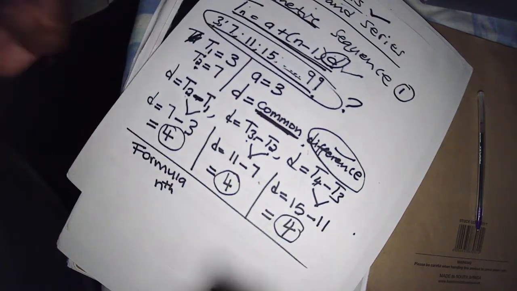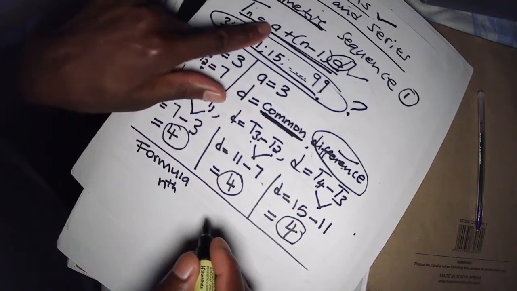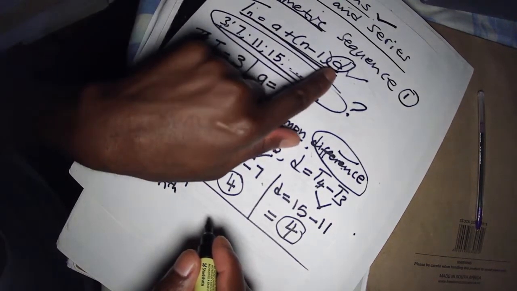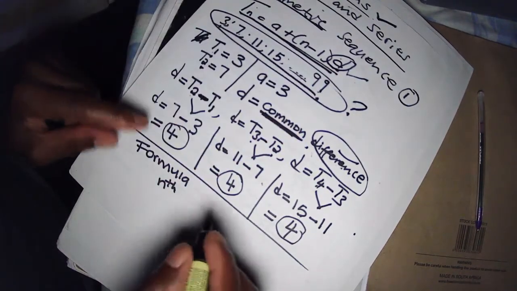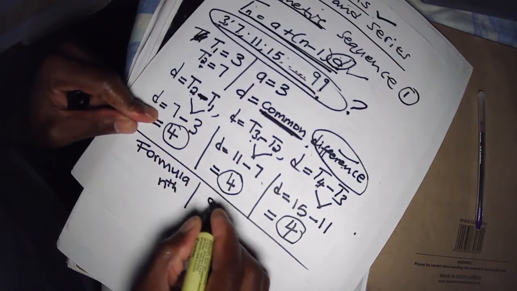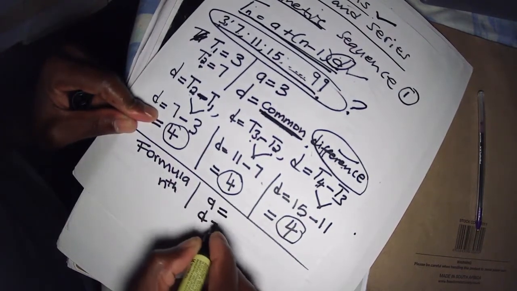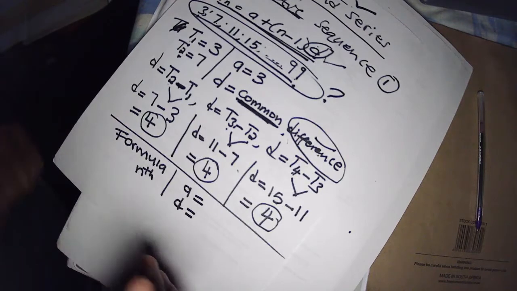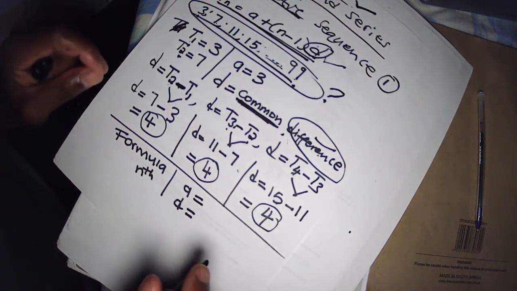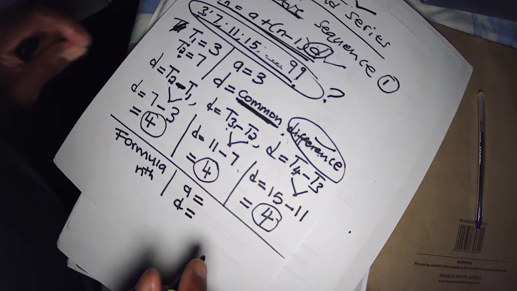So what is it that we need? We need A and we need D. So we must first get A and D. What is A?